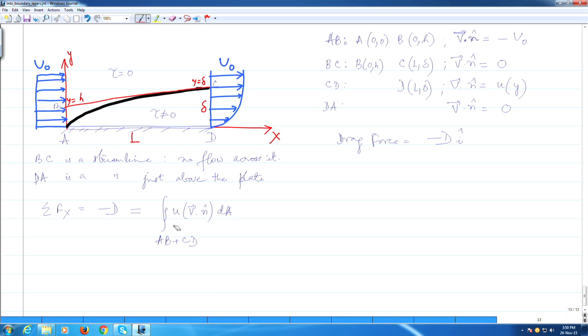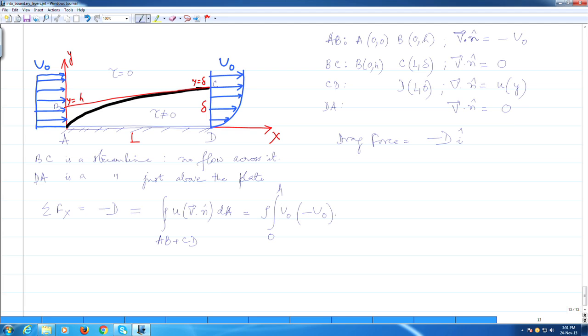So, now let us write this down for, say, AB. So, for AB now rho is constant, so we are going to take that out. We are going to write it for AB. So, AB, the surface goes from 0 to H. U is nothing but this thing, and V dot N we have already written, it is minus that.